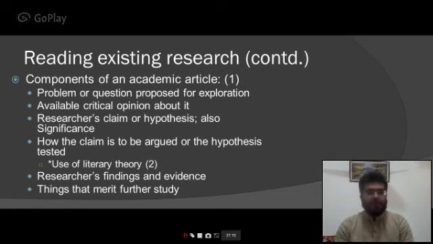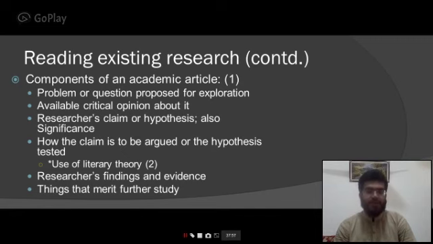Now when you are reading a research article, you must try to identify all of these components, and if you do that, you will be able to easily remember and understand the literary contribution, the scholarly contribution of the researcher, and it will help you keep your ideas clear, not only for yourself but for the sake of using a certain researcher's reference and his article during your own research.